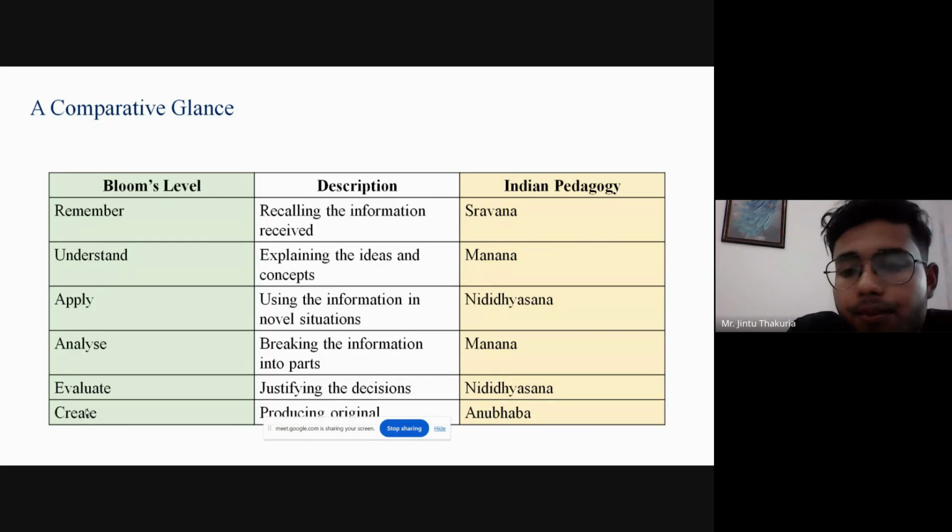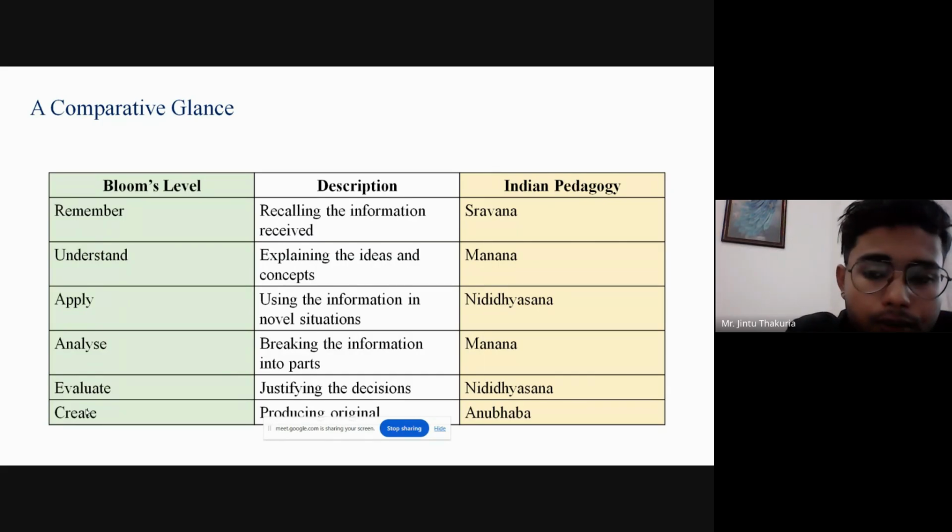And why is it important? Because most of us have experienced what our students rely upon. Nowadays, students are relying upon ChatGPT, AI, and different tools which give them the information. They just reproduce it.